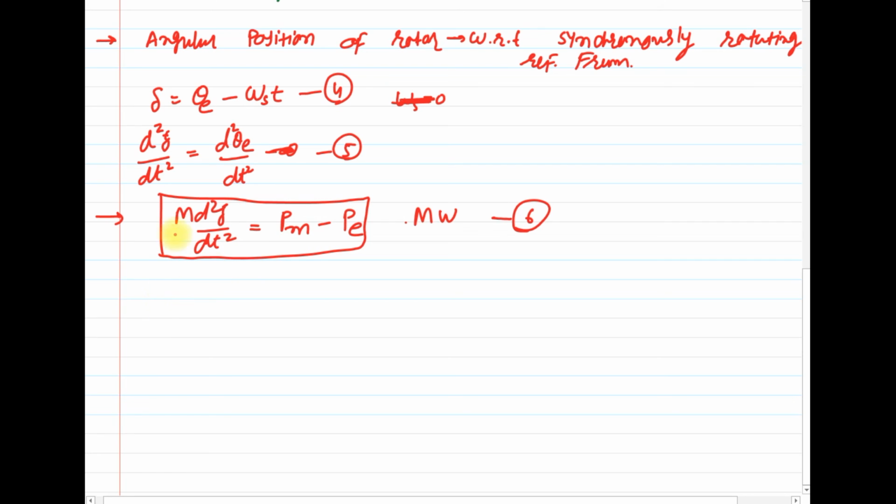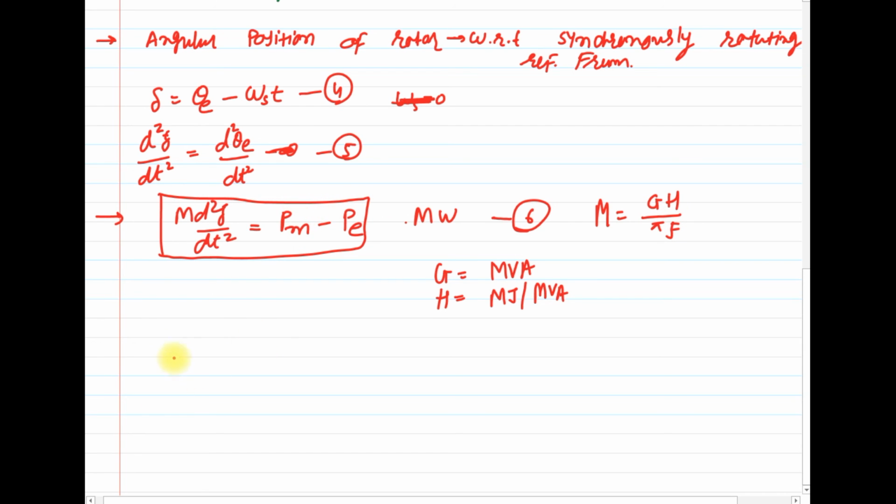So for that we need to substitute the value of M. So the M is equal to GH upon pi F, where G is equal to machine rating, which is generally in terms of MVA, H is equal to inertia constant, which is megajoule per MVA, and F is the frequency of machine.